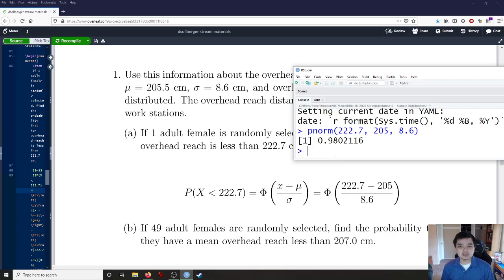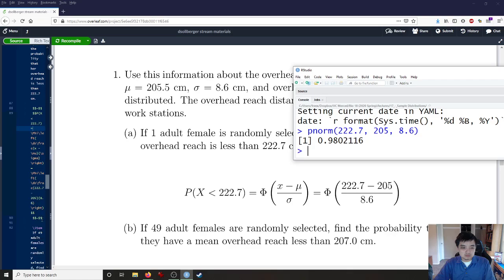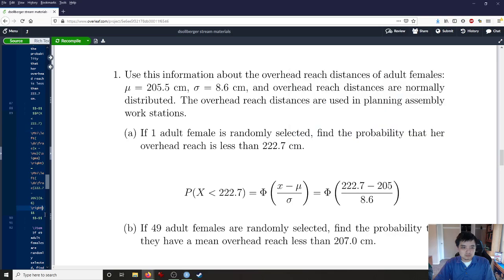And we'll here get a probability of about 98%.